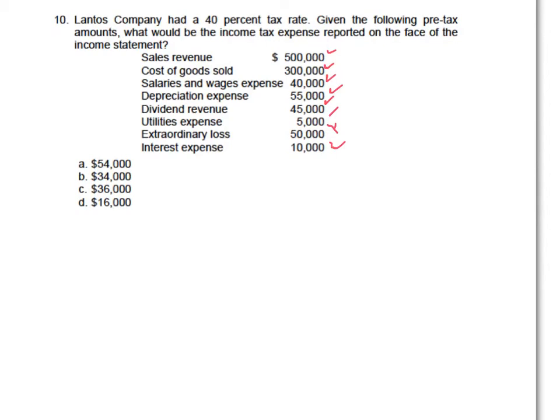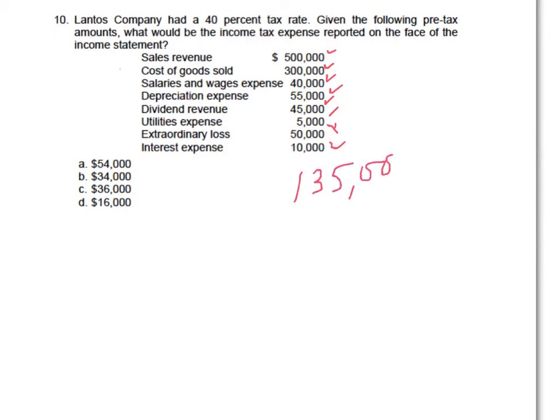So if I take the 500,000 of sales revenue minus 300 of cost of goods sold, that's 200,000 of gross margin. Minus 40 is 160, minus 55 is 105, plus 45 is 150, minus 5 is 145, and minus 10 is 135.